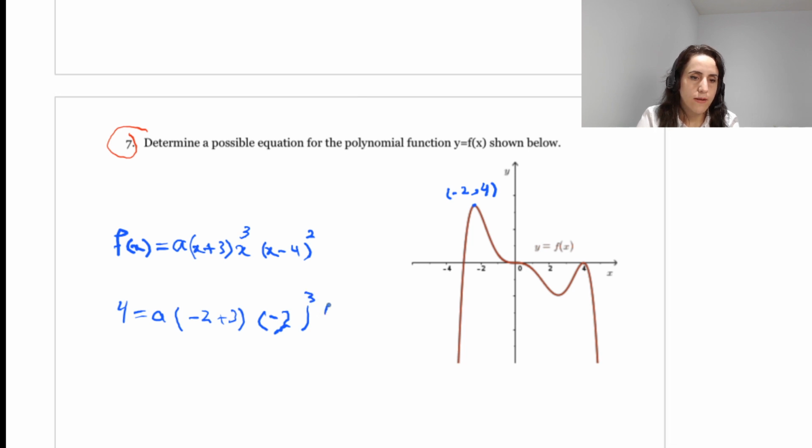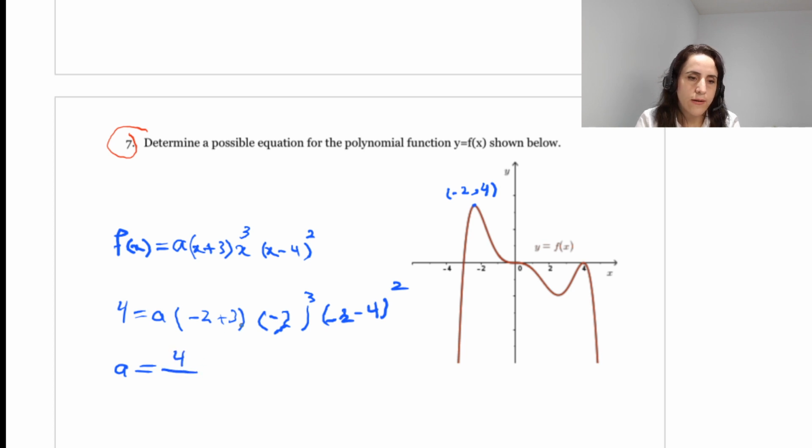And finally, negative 2 minus 4 by power of 2.